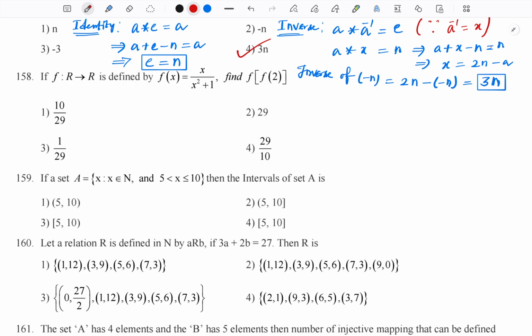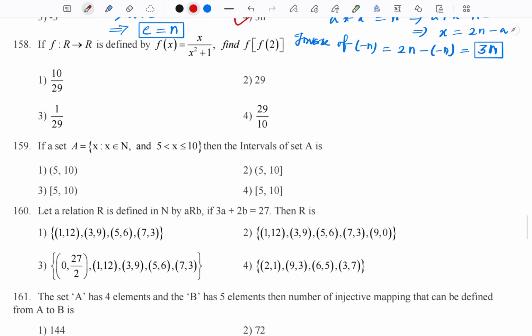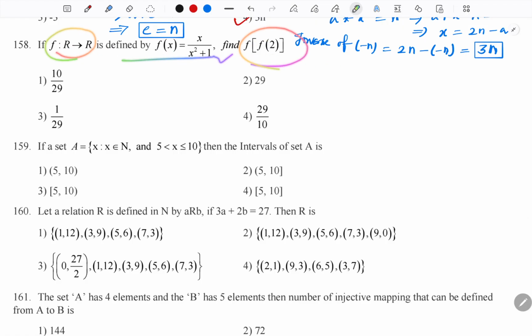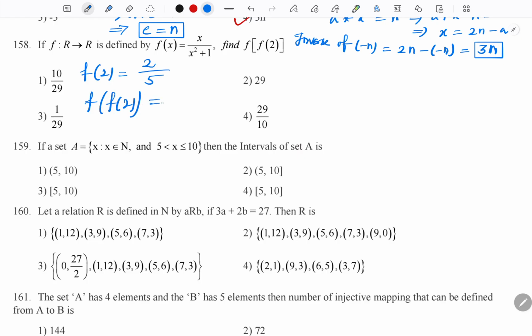Okay, next they have given a function mapping real numbers to real numbers, and defined one function, then f of 2 equal to how much? Write down one by one. What is f of 2? x goes to x square plus 1 over 5. So f of 2 is 2 by 5. Now compare this as x, f of x. Now x is 2 by 5.